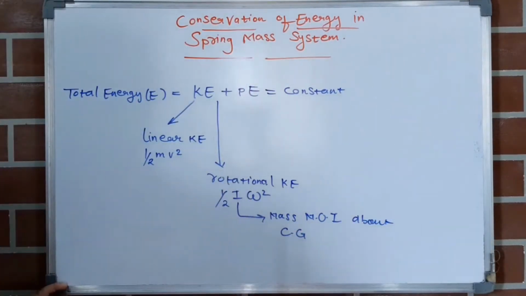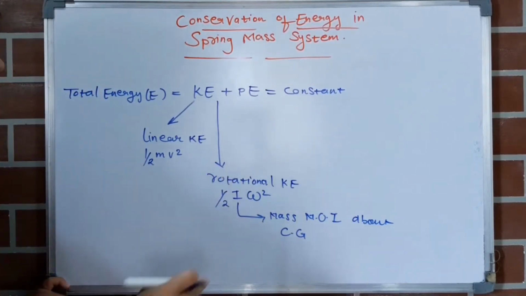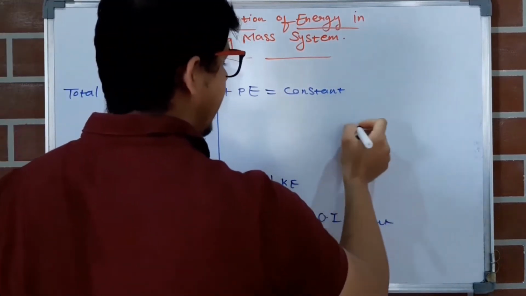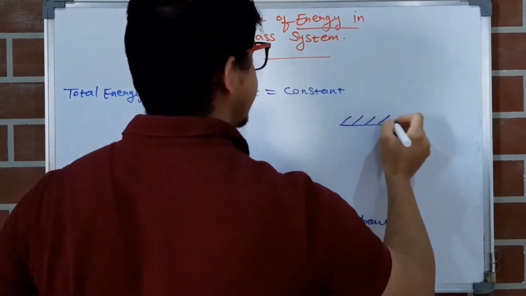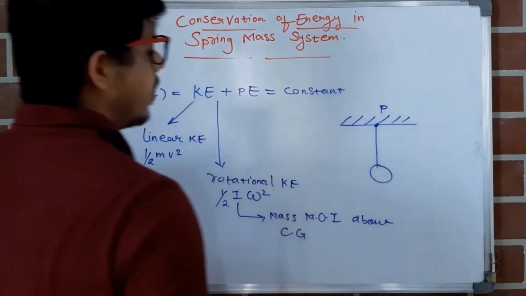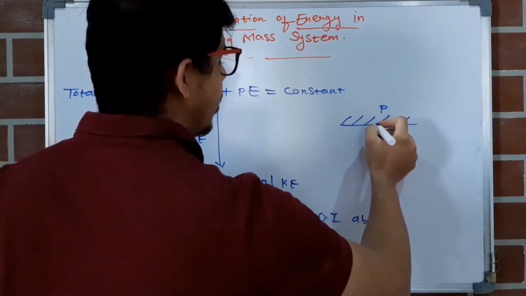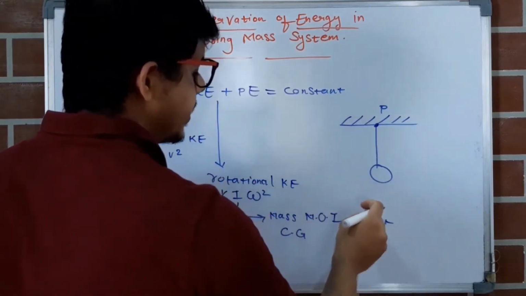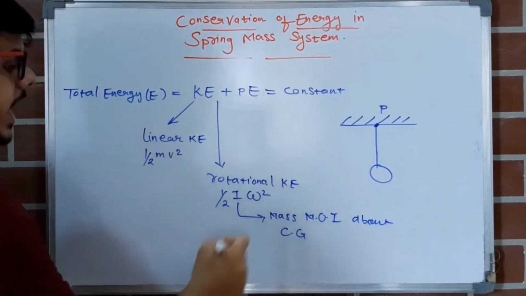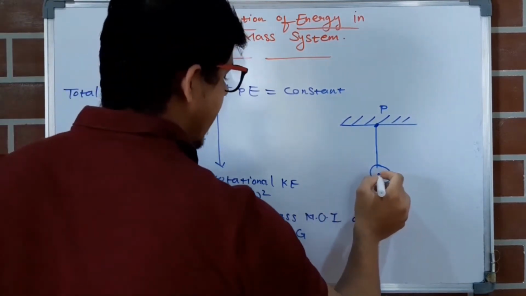In the Newton's second law method, we find the mass moment of inertia about the point which is the hinge of the object. For example, in the previous video when we derived the natural frequency of the pendulum, we found the mass moment of inertia about the pivot point, the point of hinge of this object. In this energy method, we will find the mass moment of inertia about the center of gravity, about this point.